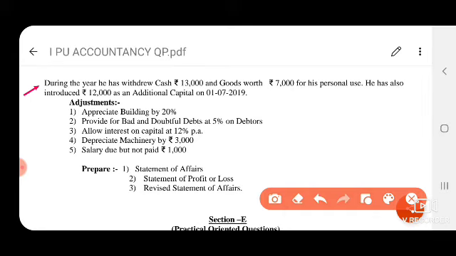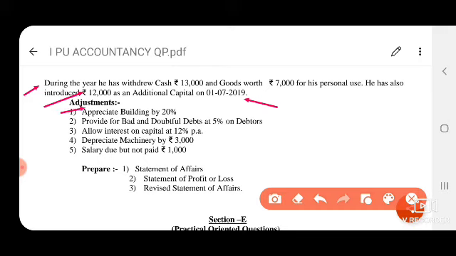So drawings here, total drawings he has used 20,000, and he has brought additional capital 12,000 on 1/7/2019. So these drawings and additional capital will be recorded first under statement of profit and loss account and again in balance sheet.